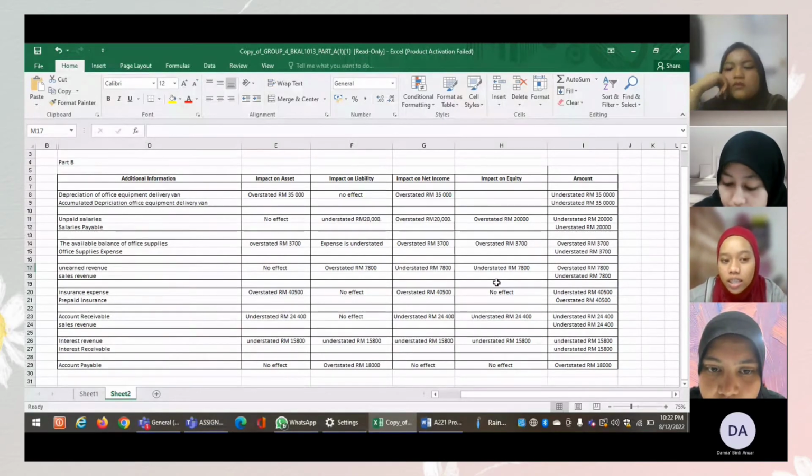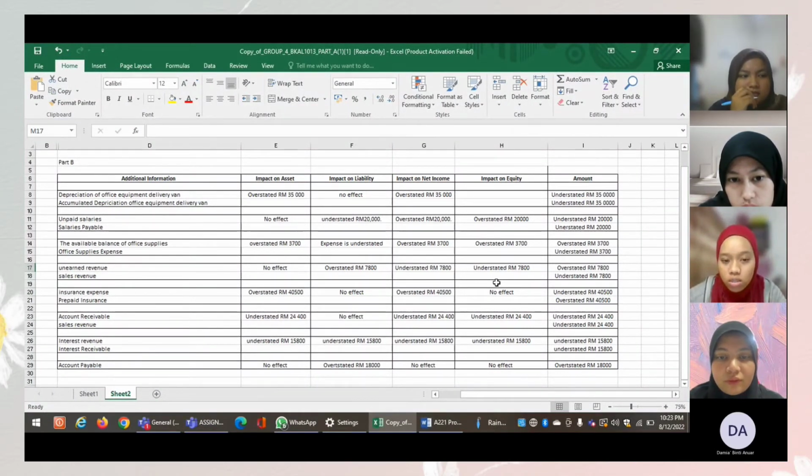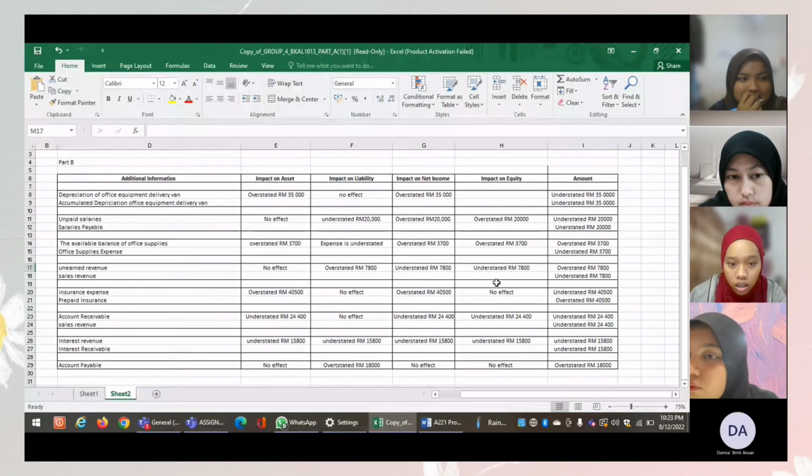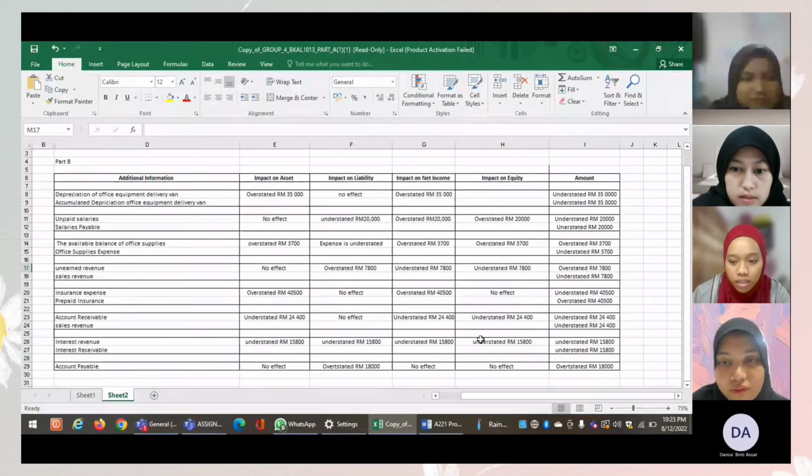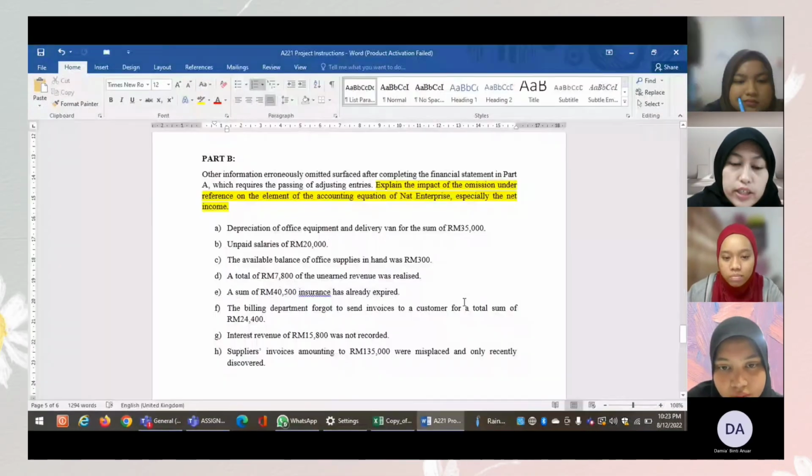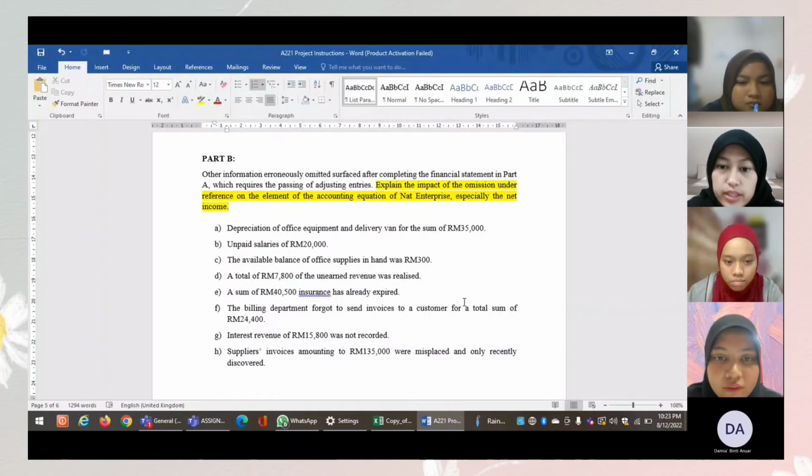Understand? Then in this question, for example, insurance expense overstated in asset 40,500, right? So we have to increase the value 40,500. So that's all.